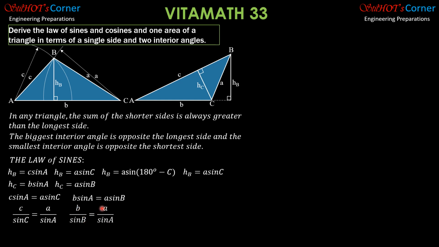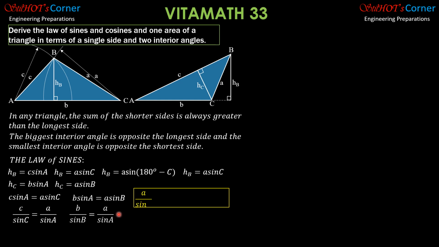But since A over sine angle A is also C over sine angle C, we can now derive the law of sines as a continuous equation. And remember that from the preceding Vitamath problems, we showed that the ratio of any side of a triangle to sine of the angle opposite it is constant, and that constant ratio is the diameter of the circumscribing circle, or 2r.